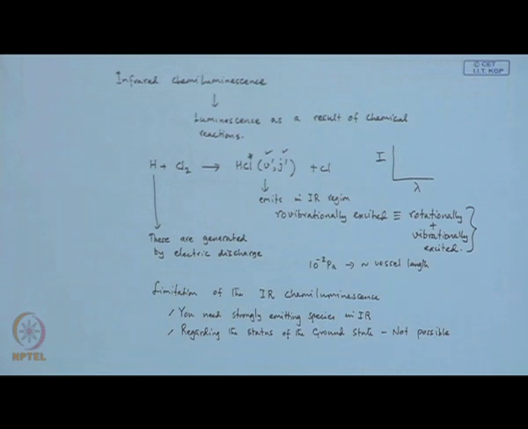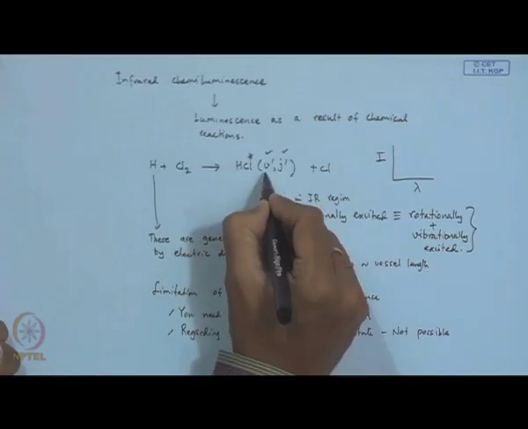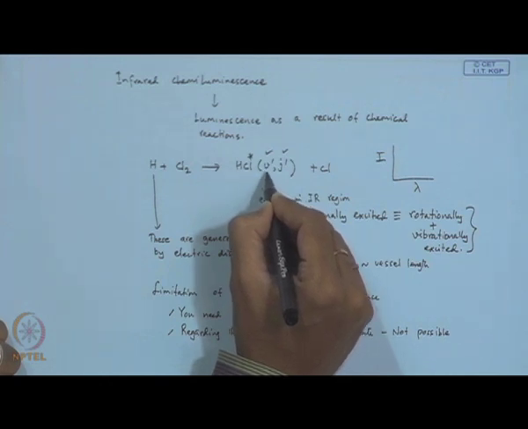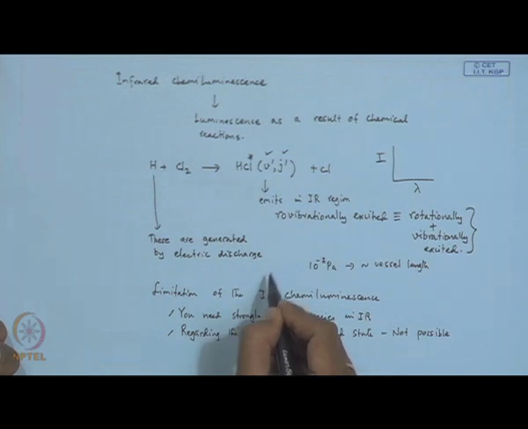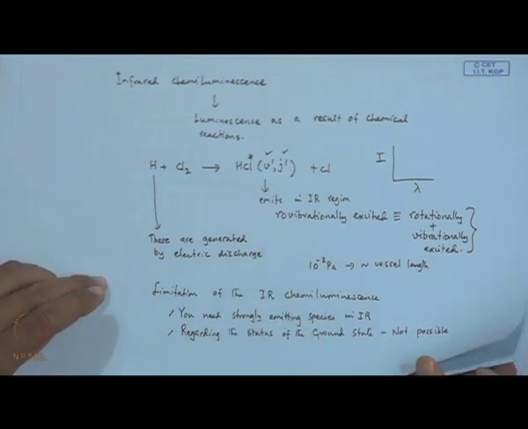The species should be strongly emitting in the IR, otherwise the infrared detector will not be very useful. But since it is emitting from some excited rovibrational state, you do not get any information about the population of your ground state. So what is happening to the ground state is difficult to know.